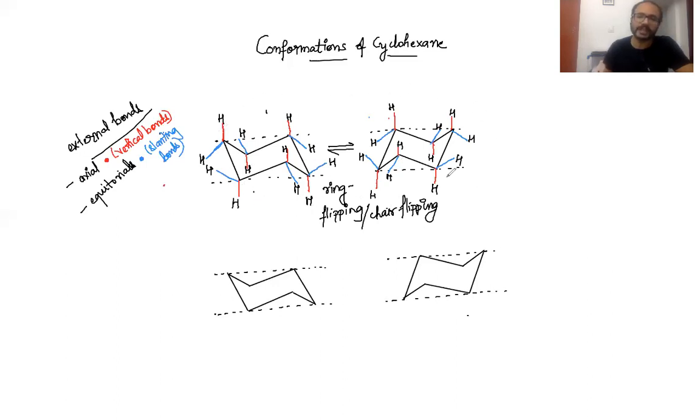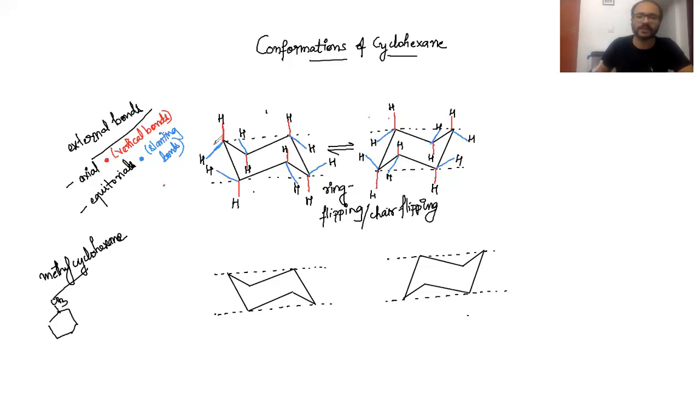Now let me take you to a substituted one. Substituted means one of the hydrogens is substituted with some other atom or group. So in your syllabus, you have to study the conformations for methylcyclohexane. Methylcyclohexane is nothing but your cyclohexane ring attached to a methyl group.